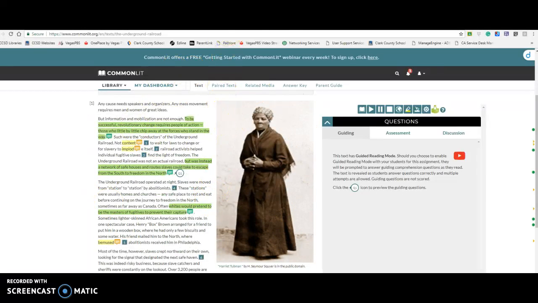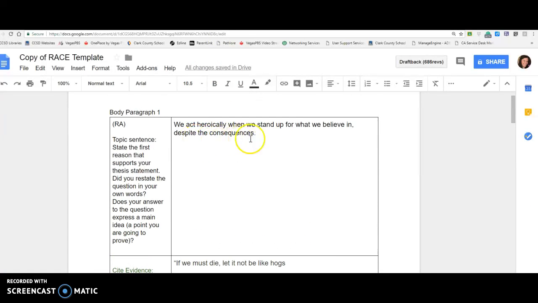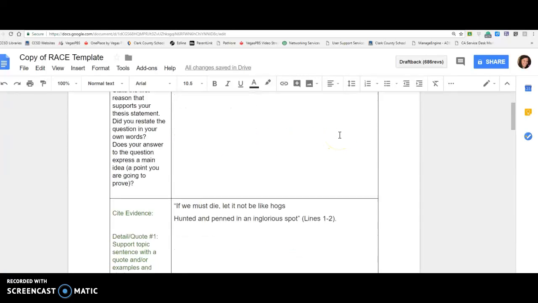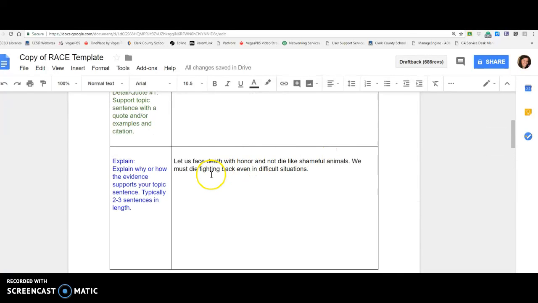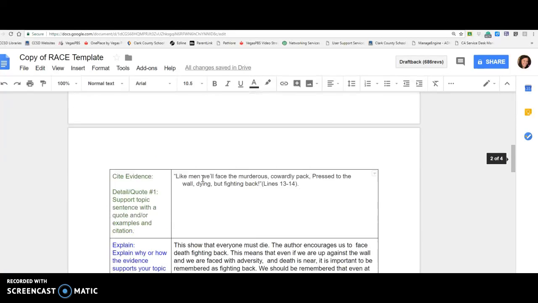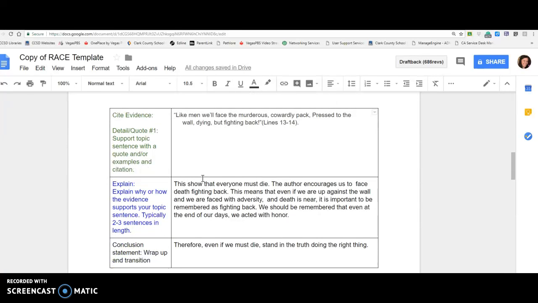Okay, it should be annotated. And take a look at the template. How can you restate and answer the question in body paragraph number 1? What topic sentence can you come up with? And then what are the 2 pieces of textual evidence you have? And you're going to explain that evidence. So cite, explain, cite, explain.